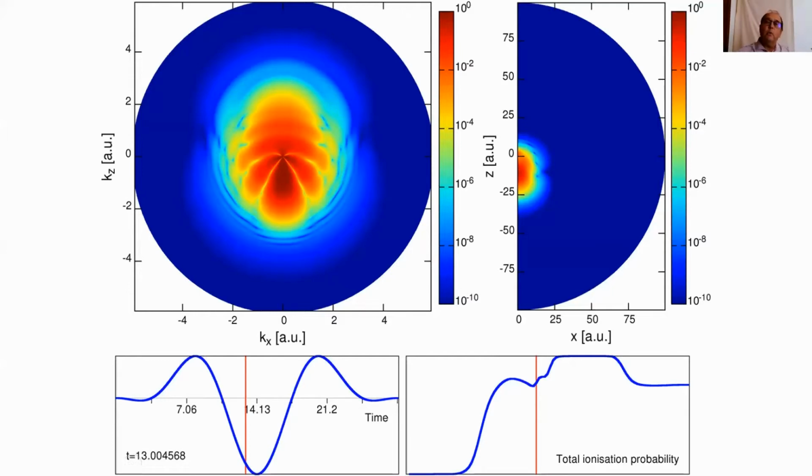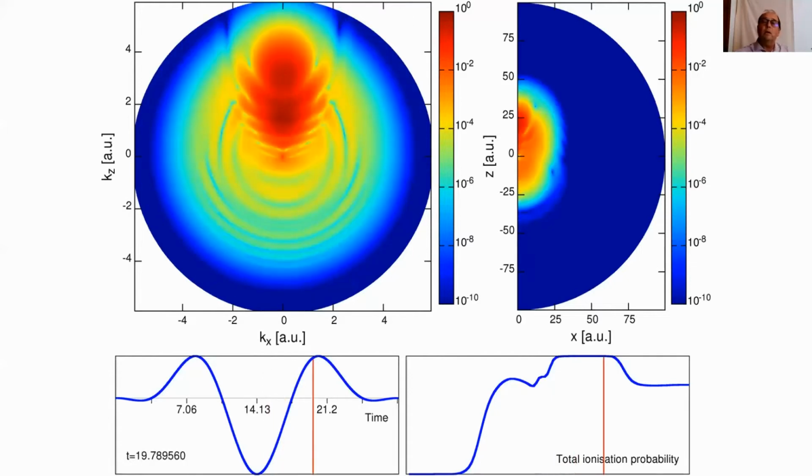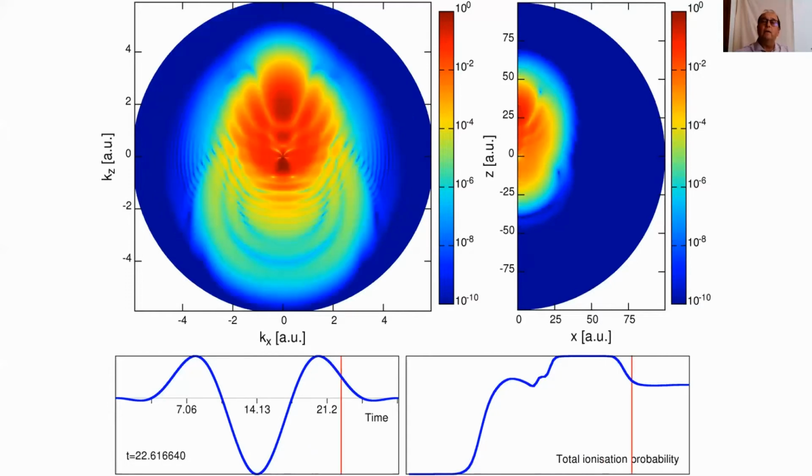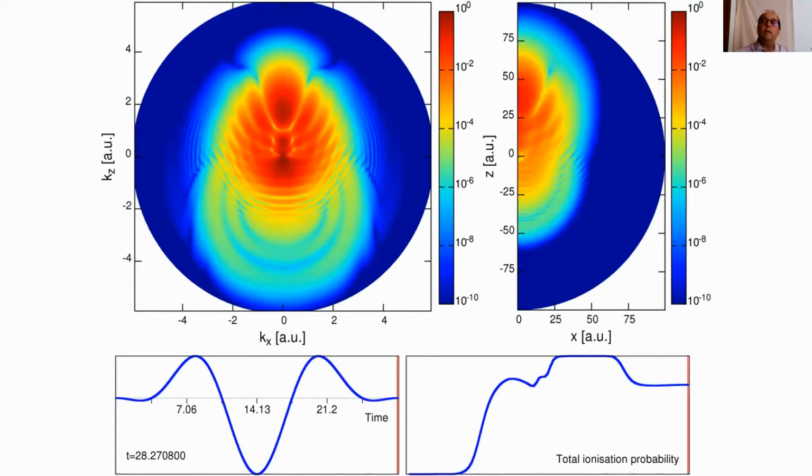When we go further, this interference pattern changes, and when we arrive at the end of the pulse, we obtain the final hologram, which in principle can be detected experimentally.